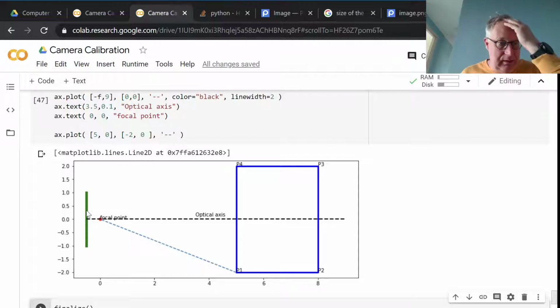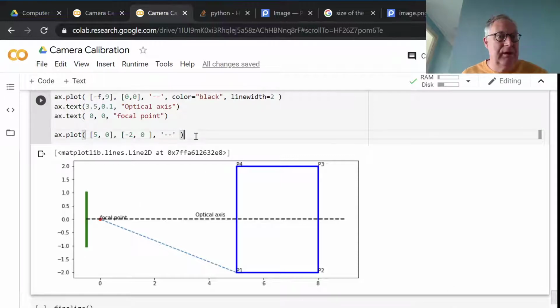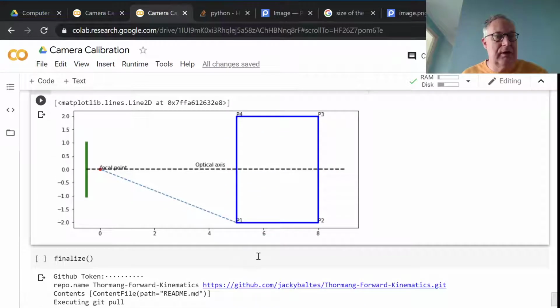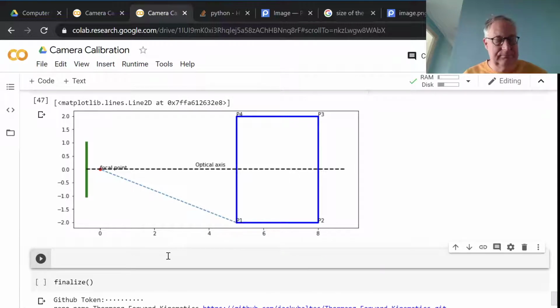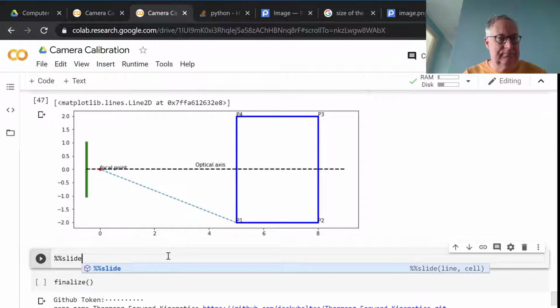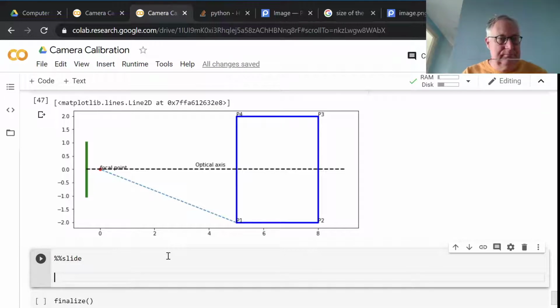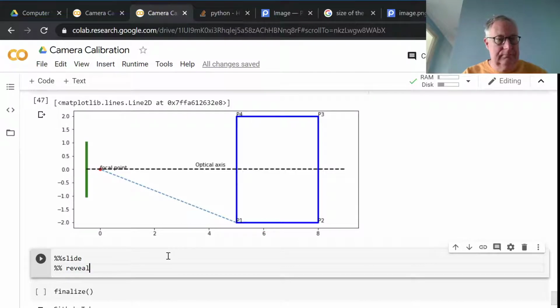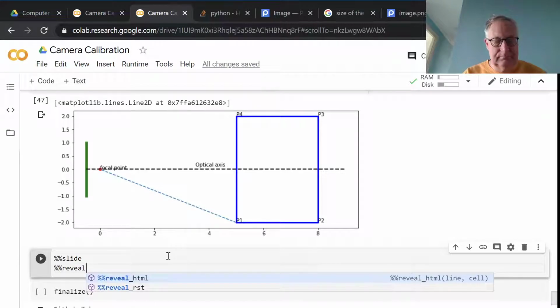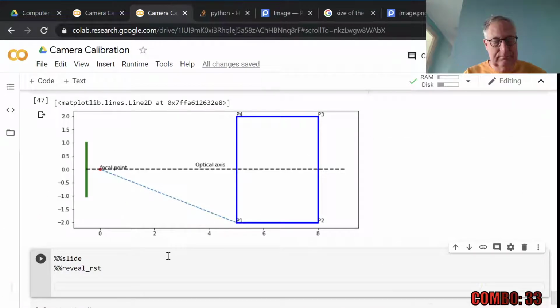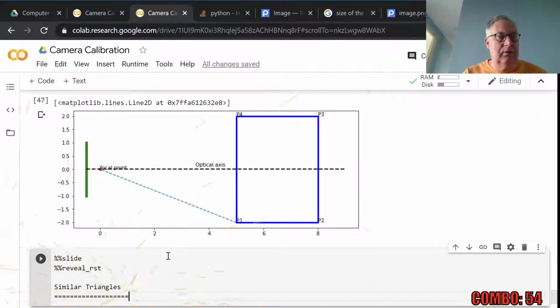And I can do that because if I look at this triangle here and the triangle that I will generate here, then those are similar triangles. So similar triangles.